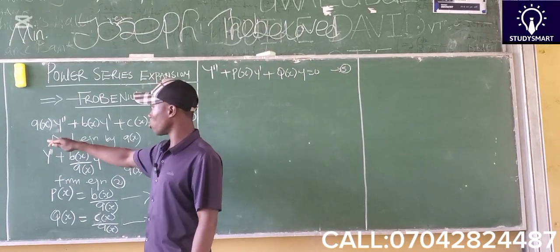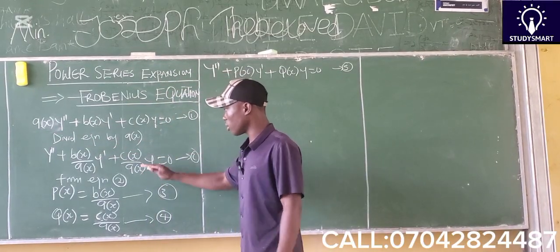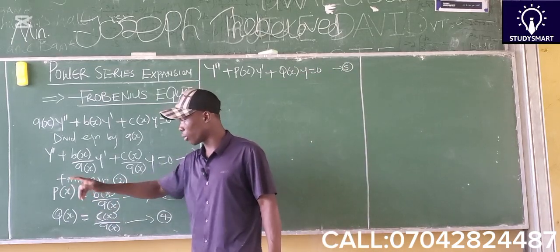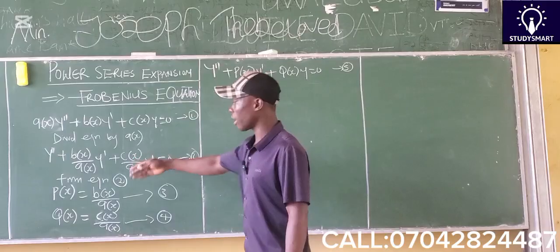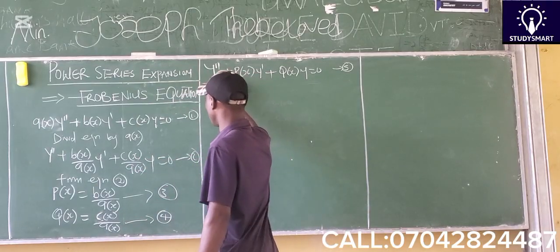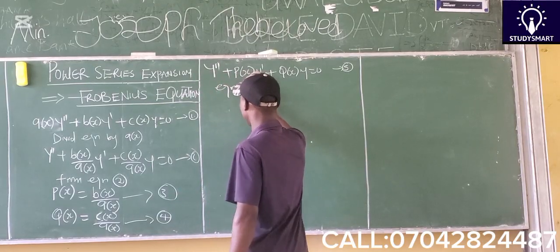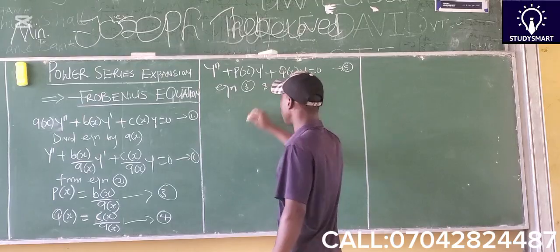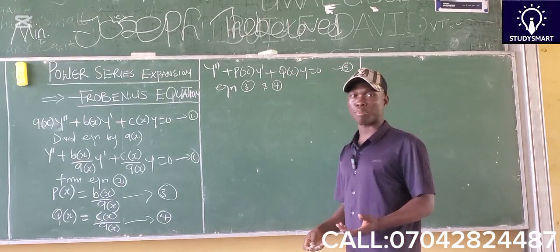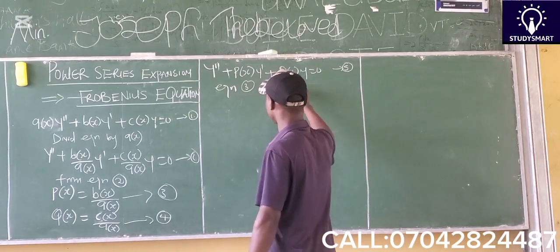You notice that we deduced the Frobenius expression from this point down to this point. We have p of x and q of x. What are p of x and q of x, and what are they used for? Equations 3 and 4 are used to find what we call the ordinary points and the singular points.